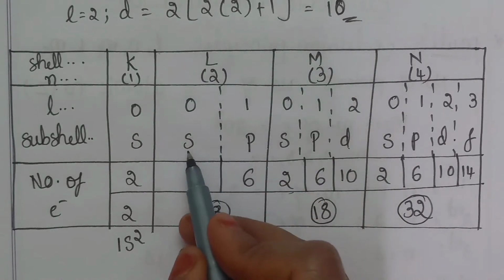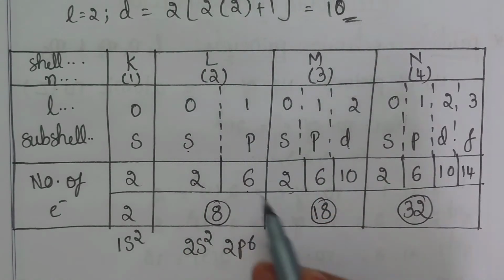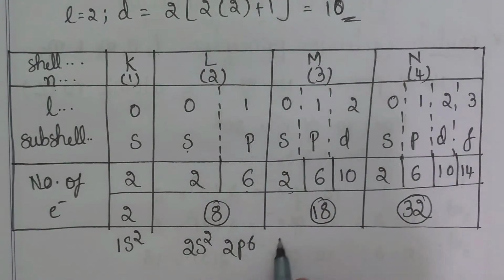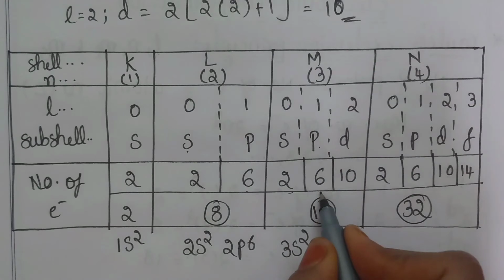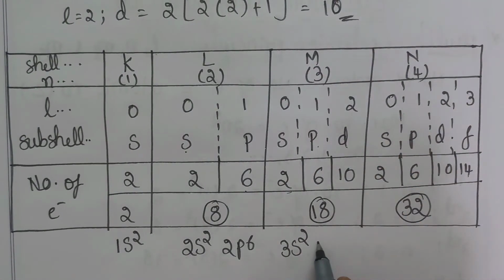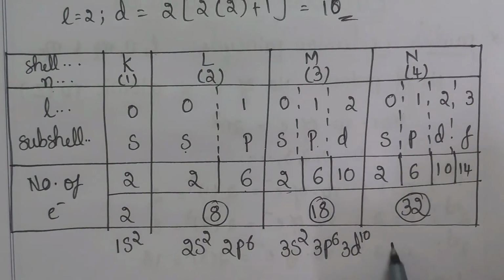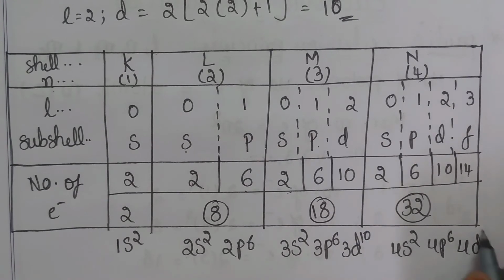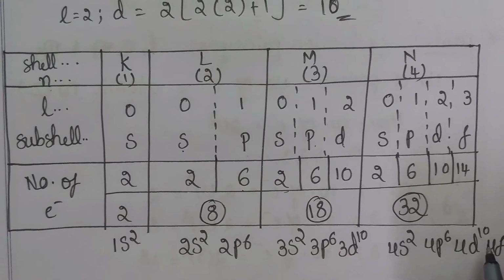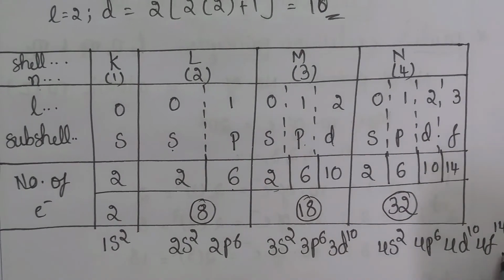For the third shell we have 3s2 3p6 3d10, and for the N shell we have 4s2 4p6 4d10 4f14. So this is very simple from the above table.